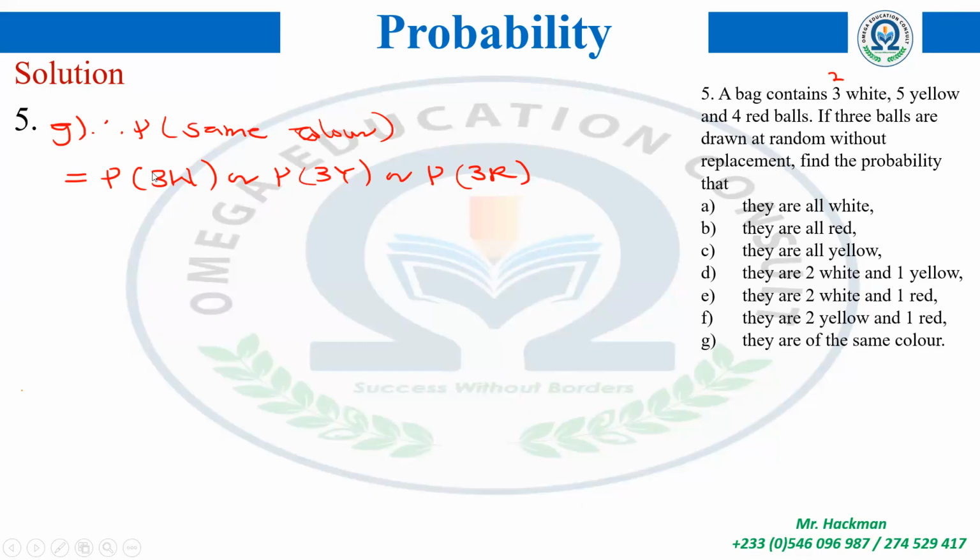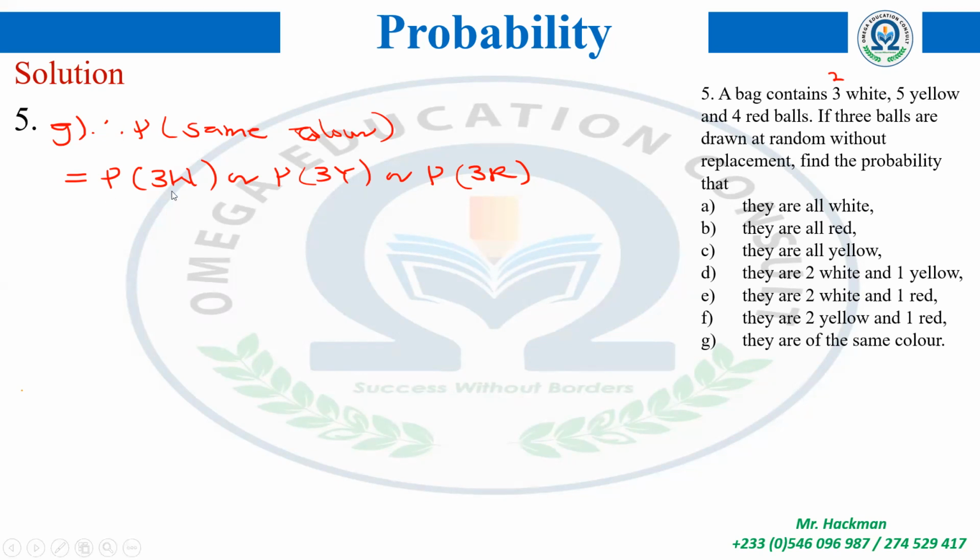Do you agree with me with the original question? Yeah. So if I change this one to 2, what will be the number of possible ways? It will be 2. Why? Because the white is not up to the number required. As simple as that.